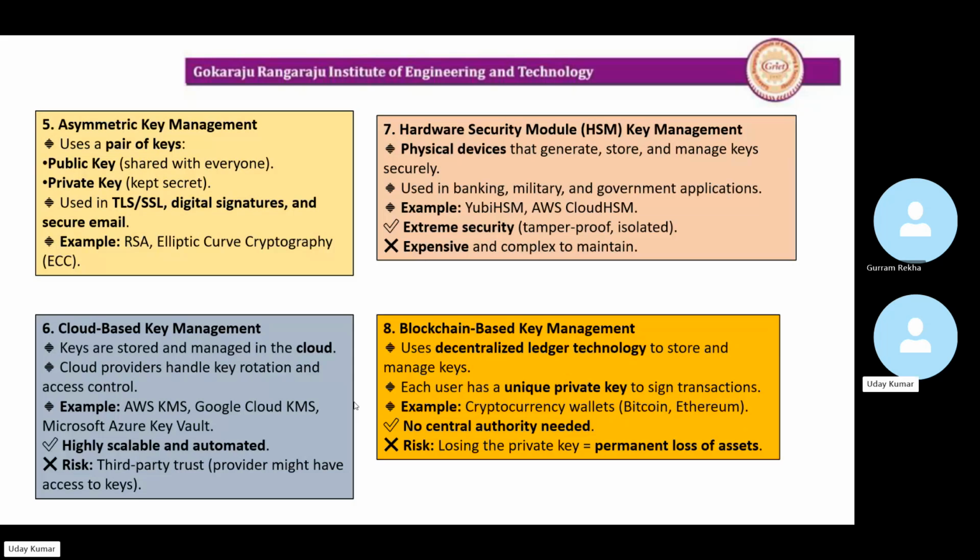Blockchain-based key management uses a decentralized ledger to store and manage keys. Each user has a unique private key to sign transactions, like cryptocurrencies, for example, and no central authority is needed. If you lose that key, there will be a permanent loss of the assets in the blockchain, students.